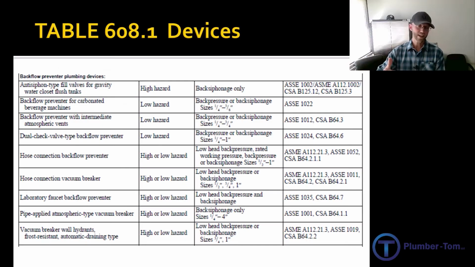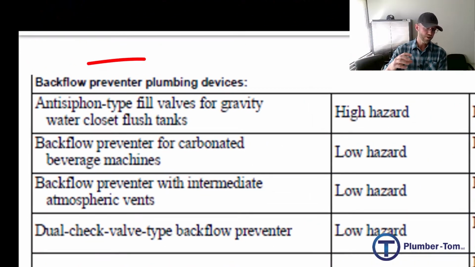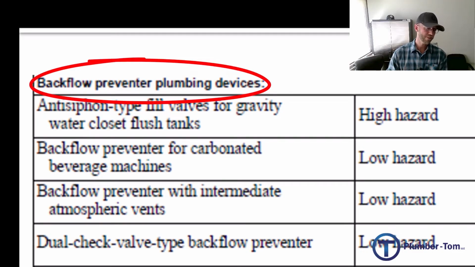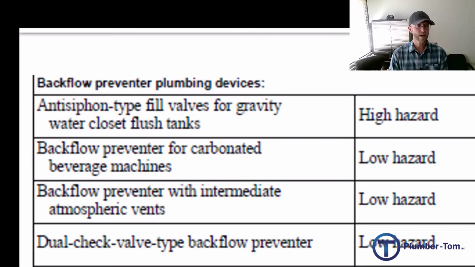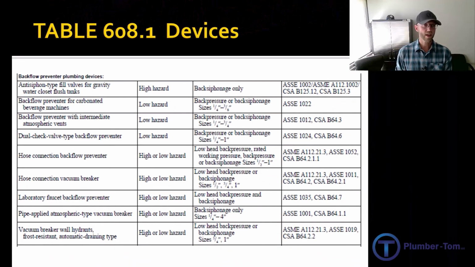As we continue down this table 608.1, there's another section titled Backflow Preventer Plumbing Devices. Now, a device is something you can install, but notice it's not an assembly. That means you cannot test it. On the list we have anti-siphon type valves for gravity water closet. These are fill valves for a flush tank.